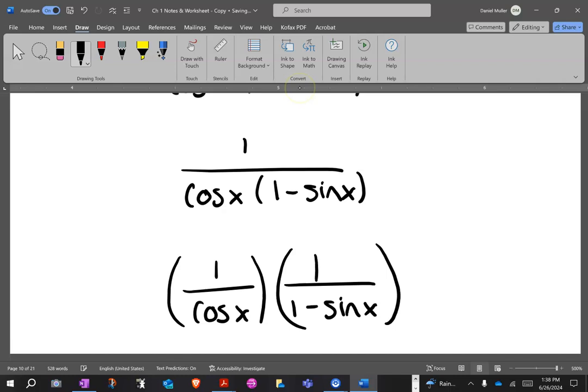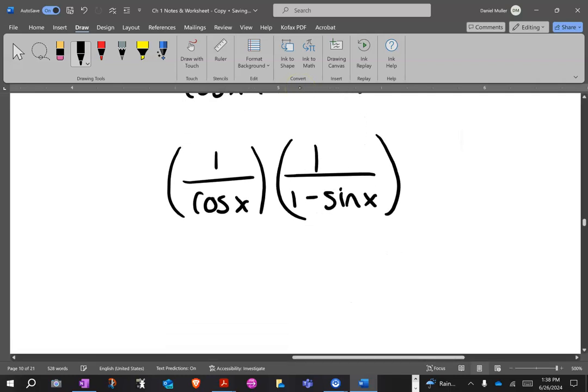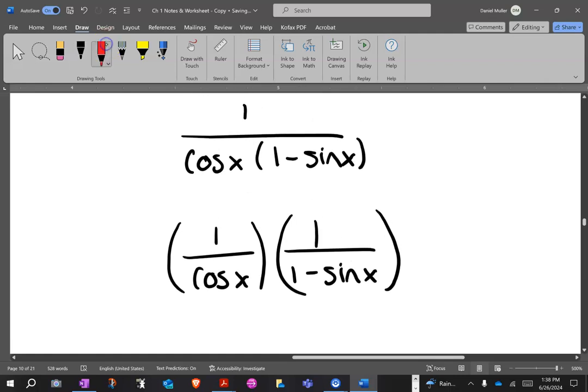This step is not really needed, but it is kind of nice to see that by the way, I can do this because this is technically multiplying in there, not adding. If it was an addition, I couldn't separate it into 2 fractions, but because it's multiplying, I can. The multiplication just stays there.